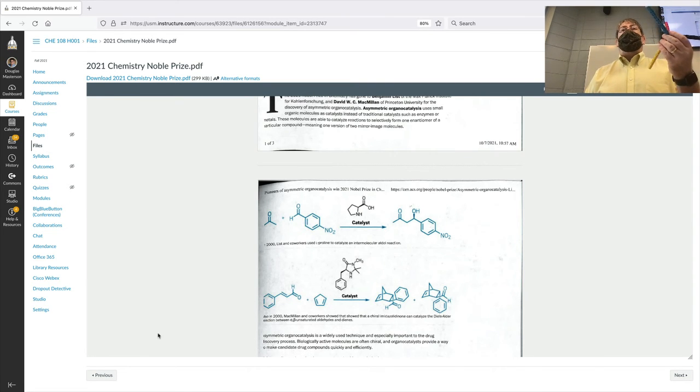And it's important because from a medical point of view, from a biological point of view, from a materials point of view, there's a lot of reasons why you want to control structure, because again, structure is equal to function, right? And so both Ben List and Dave McMillan worked on this extensively to develop catalysts that can do this. This work has ended up being used by companies like Pfizer and Merck and Johnson & Johnson, and chemists can go in now and put atoms where they need to with the use of these catalysts.